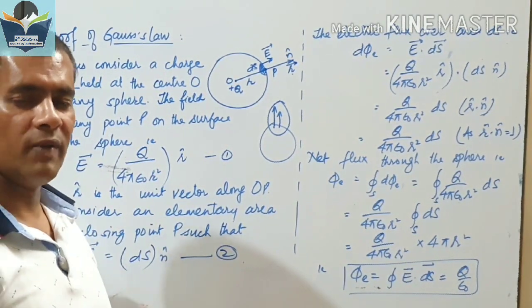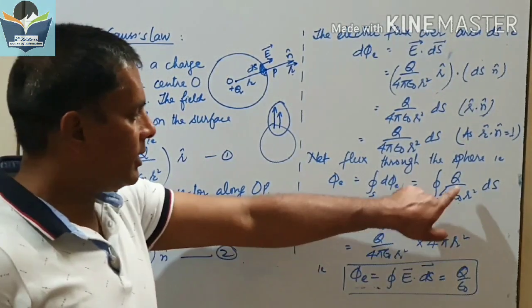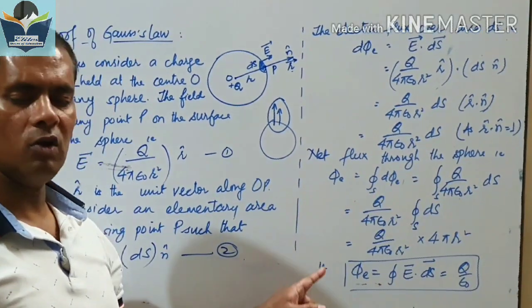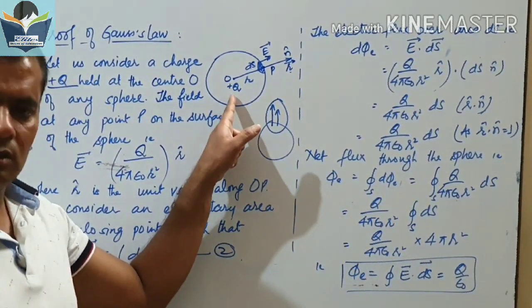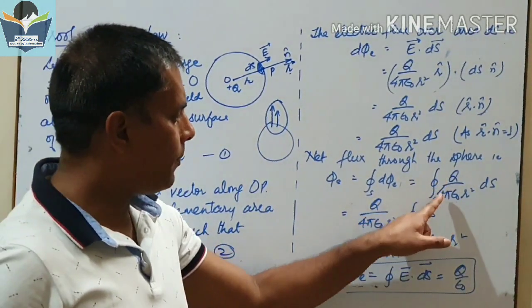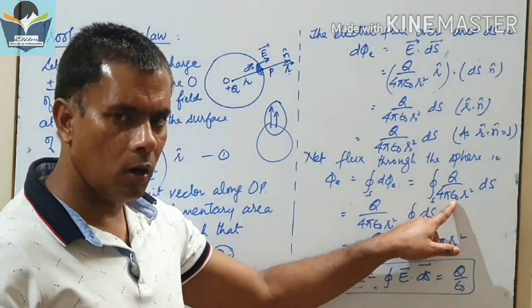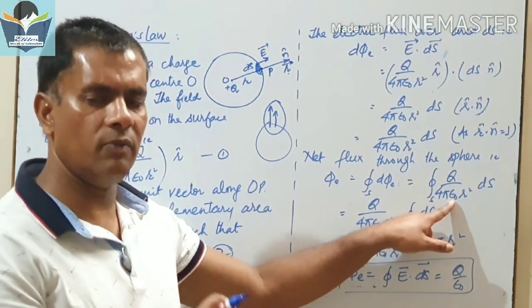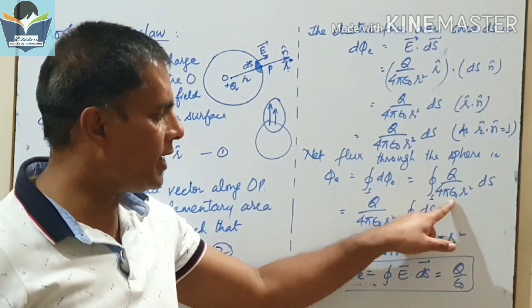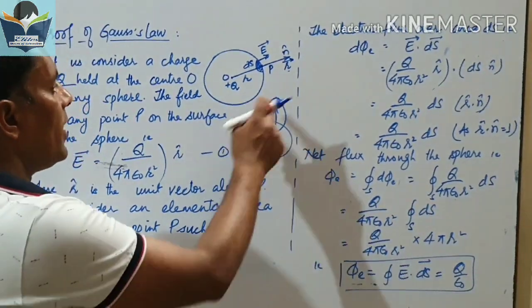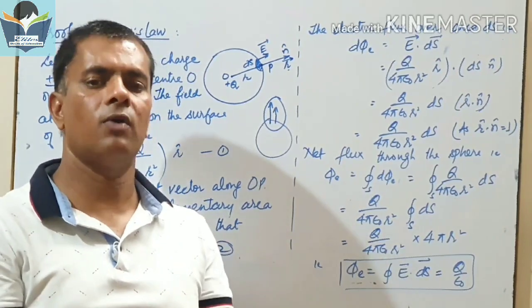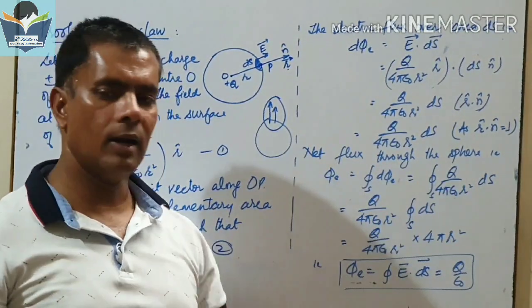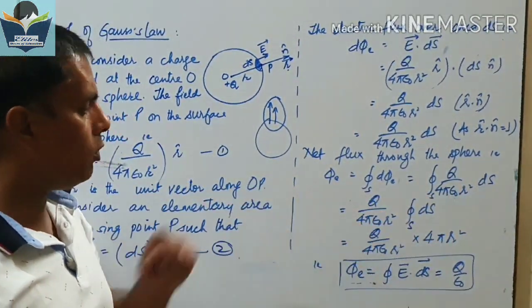Now the rules of integration say that the constants are to be kept out of the integration sign. Here q, the charge, is constant, 1 upon 4 pi epsilon naught is already a constant of proportionality which has come from Coulomb's law, and r is the radius of the sphere, which is again a constant. For a given sphere, for a given charge, q and r are constants, so we have taken them out.